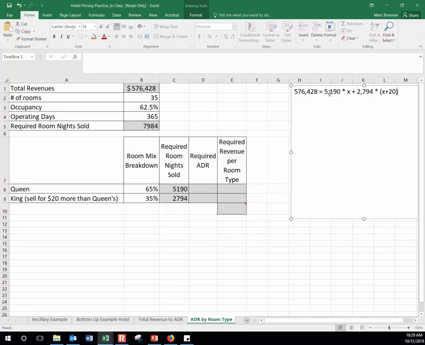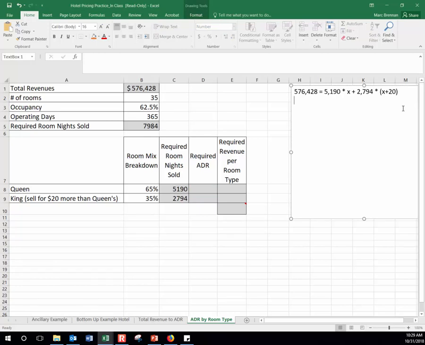Our X is what we're trying to solve for, which is our average daily rate for queens. The reason why we're multiplying our king rooms by X plus 20 is the fact that we charge $20 more than queen rooms. So again, X is the required average daily rate for queen rooms. So now we need to go step by step and start to solve for this.